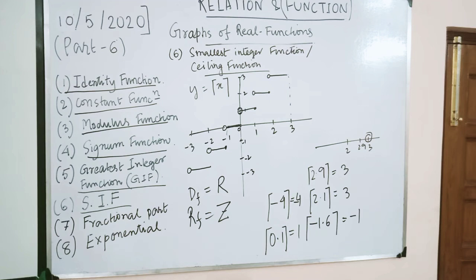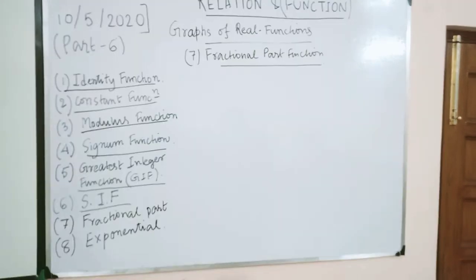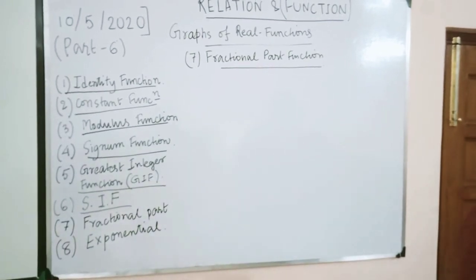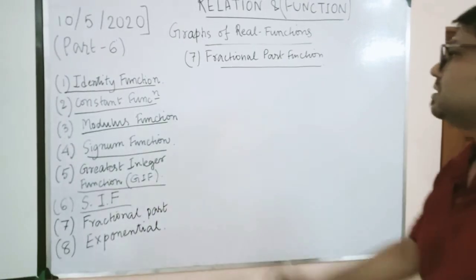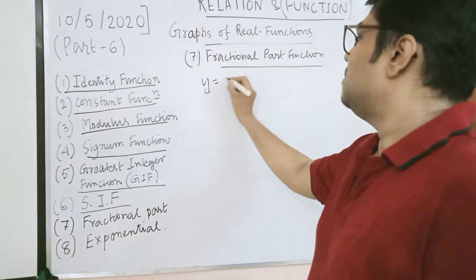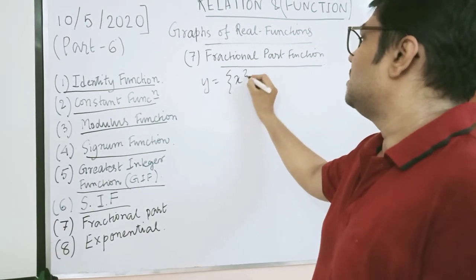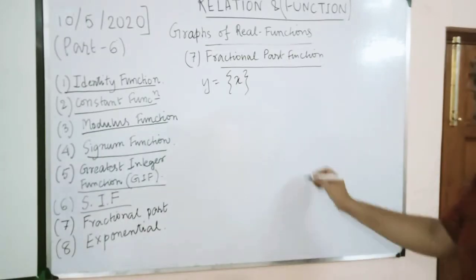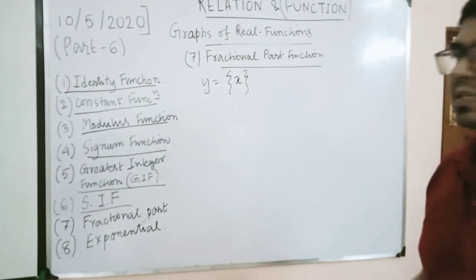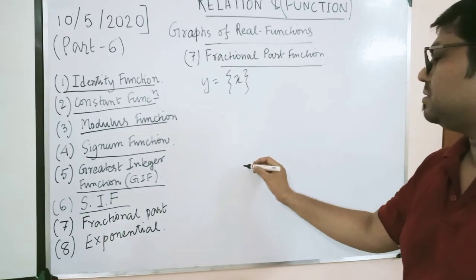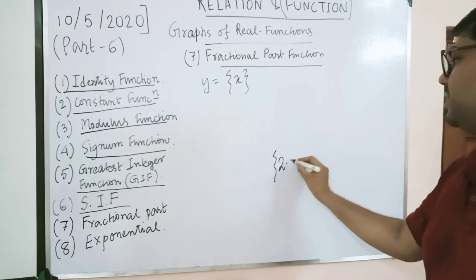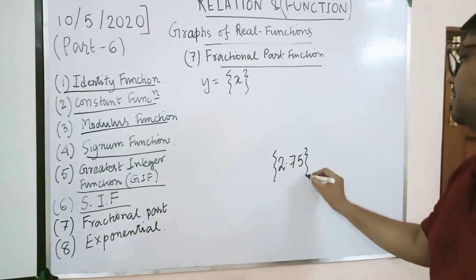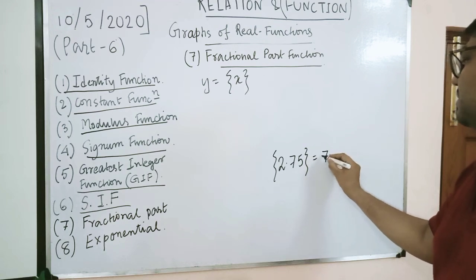Next we will start with the fractional part function. We write it like this, y equals this thing. I'll first give you the example. Only the fraction is considered. So if you get something like 2.75, it will be 0.75.